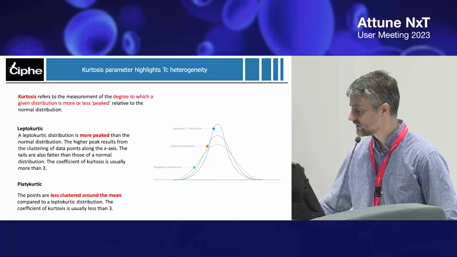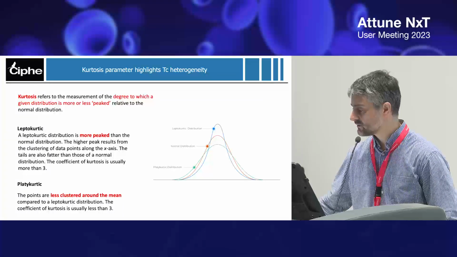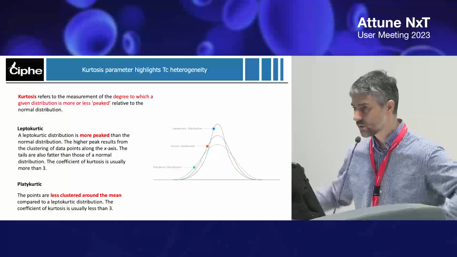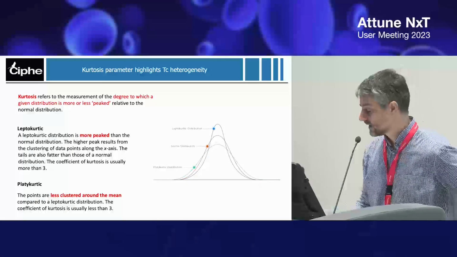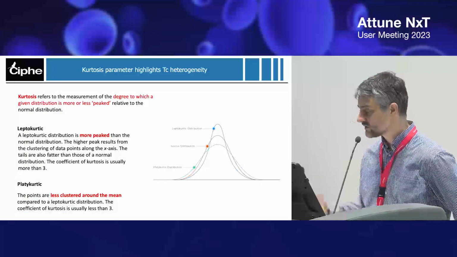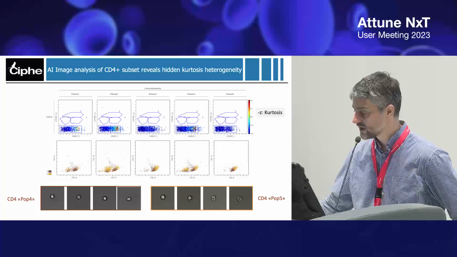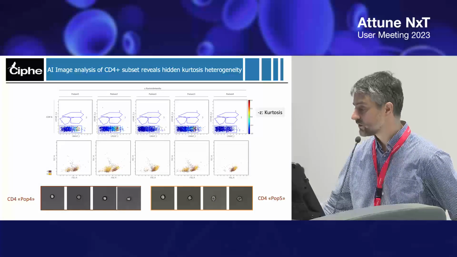We have some peaks that have a higher frequency of signal, centered close to the center of the peak, and some of them where the distribution is broader. And actually, when you look at this on the image, this is basically the parameter that shows the heterogeneity in the CD4 cells that we took from this sample.